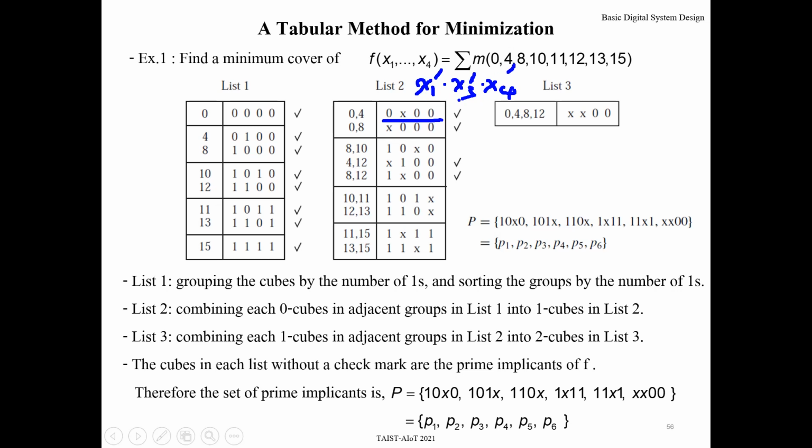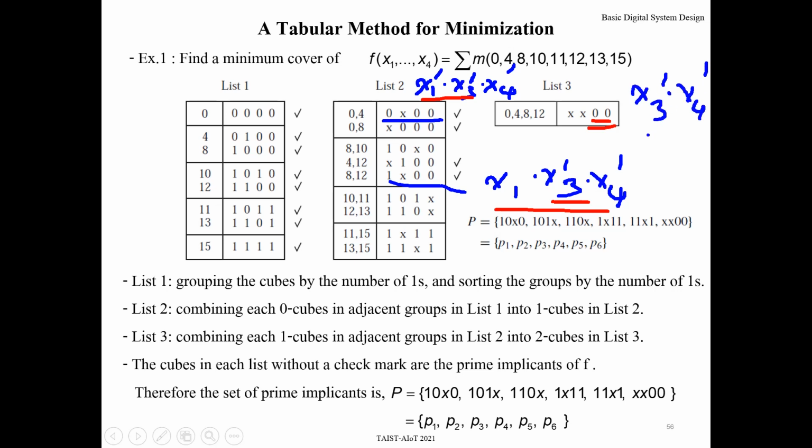There are 3 variables, and for this one, you can write it as x1 and x3 prime and x4 prime. Okay, 3 variables. When you combine this and this together, then it become what? Become x3 prime, x4 prime. Okay, you can reduce number of variable.